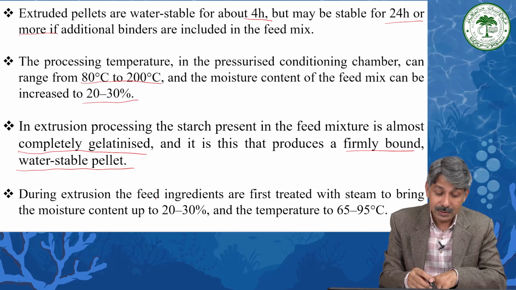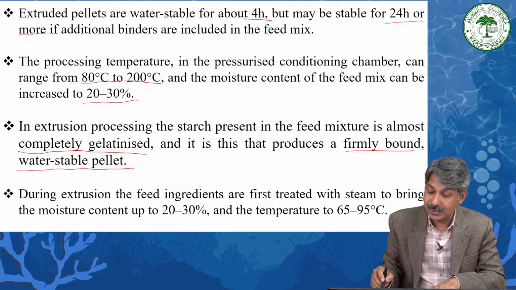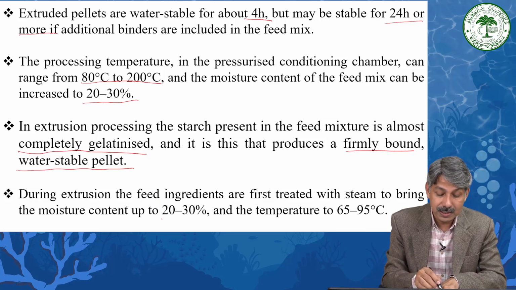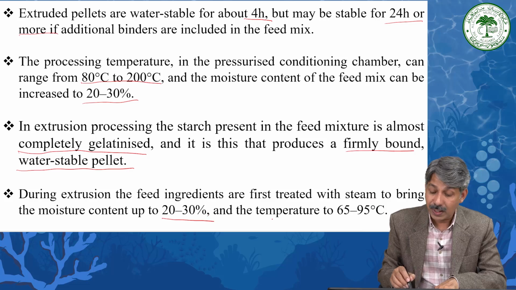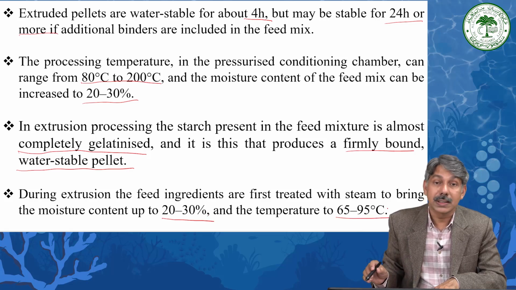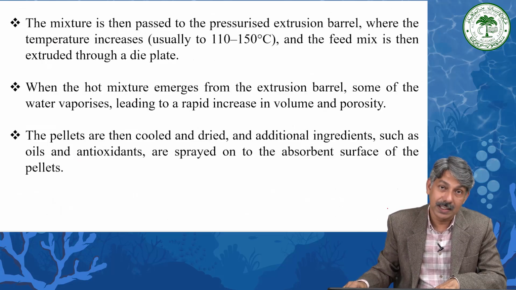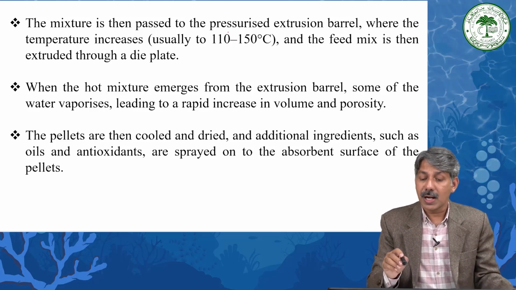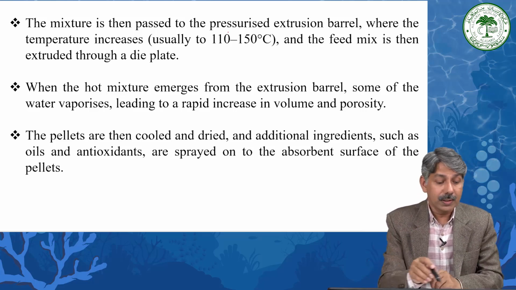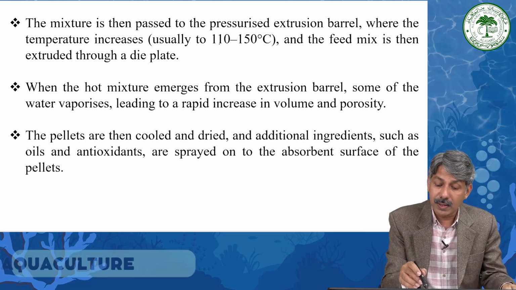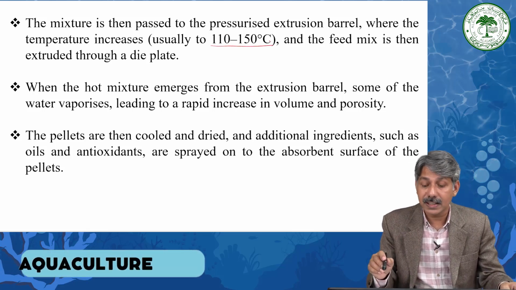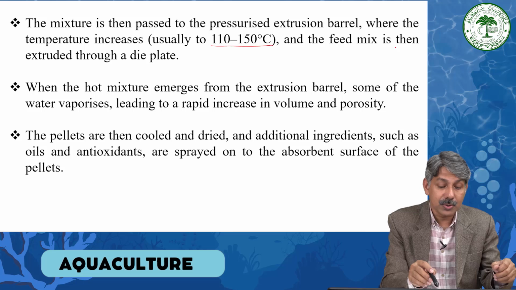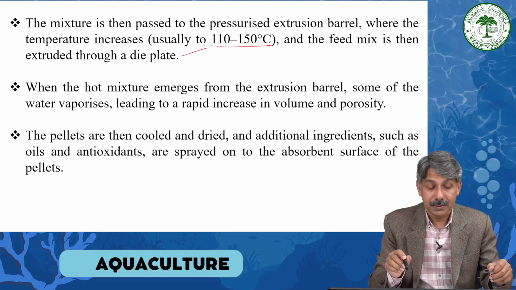During extrusion, the feed ingredients are first treated with steam to bring the moisture content to 20 to 30% and the temperature to 65 to 95 degrees centigrade. The mixture is then passed to the pressurized extrusion barrel, where the temperature increases usually to 110 to 150 degrees centigrade, and the feed mix is then extruded through a die plate.